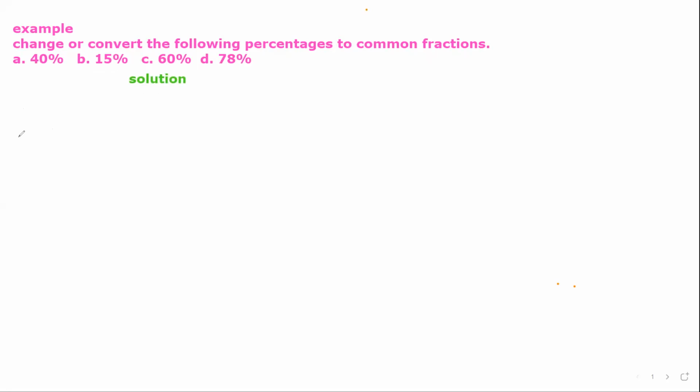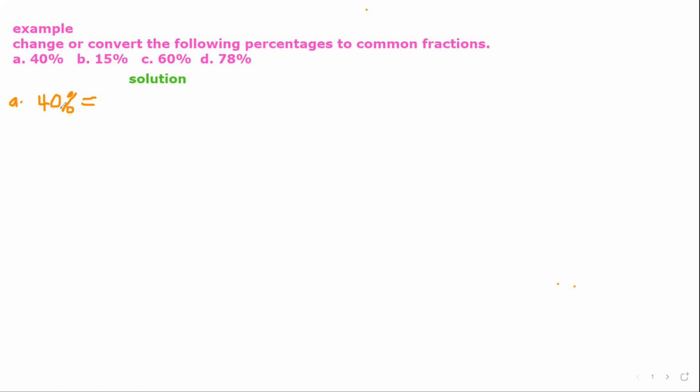Now let's take A. The A is 40%. Good. So if you want to change the 40% into common fraction, the 40 is the percentage number.